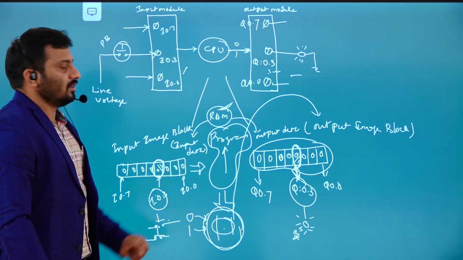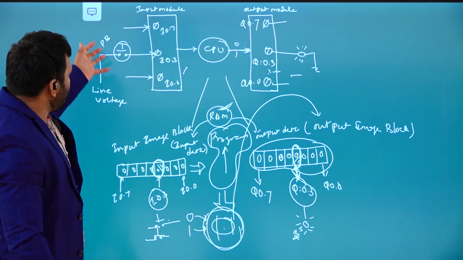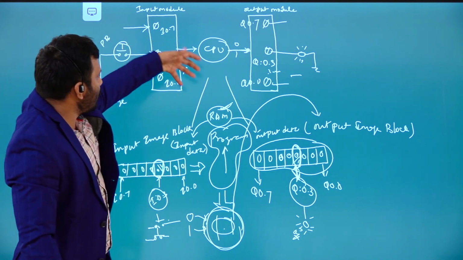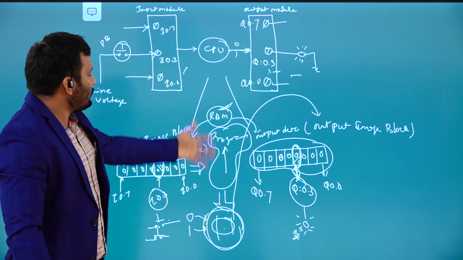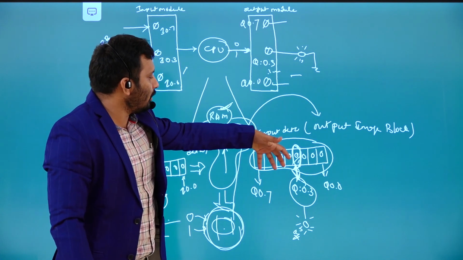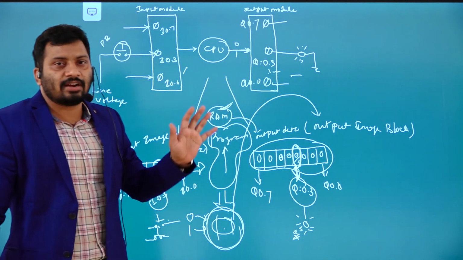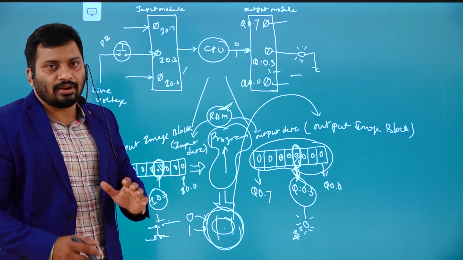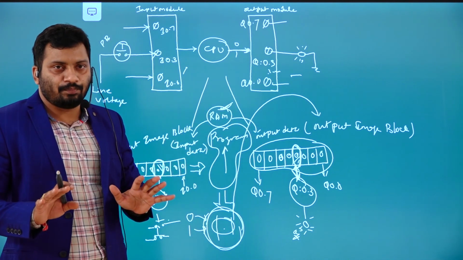Up to now, how inputs come in and are stored in the RAM, how after execution of the program the output image block is updated, and how that data controls the output device, you understand from this discussion. So except for the programming part, you understand everything now.